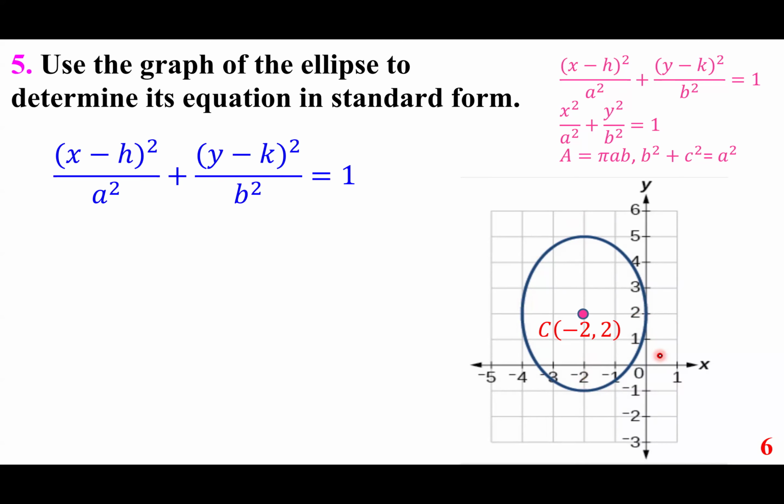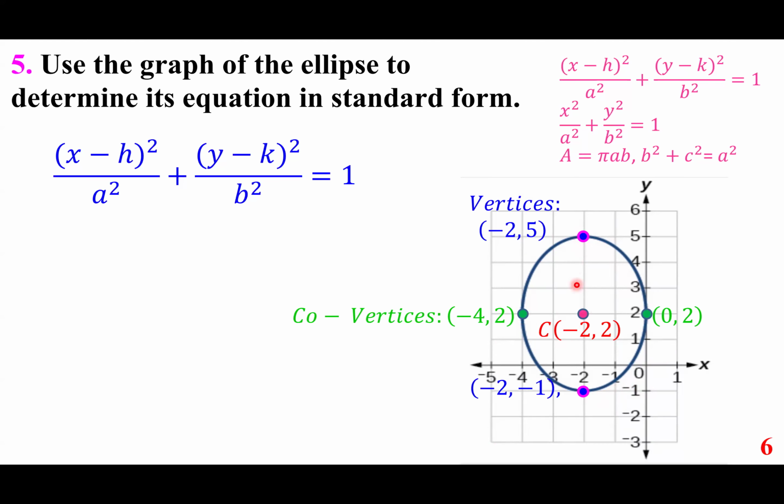Those are the co-vertices. So those are the 4 points that are important. So this one is located at negative 2, 5. This one, negative 2, negative 1. This one, negative 4, 2. This one, 0, 2. So we can locate those.